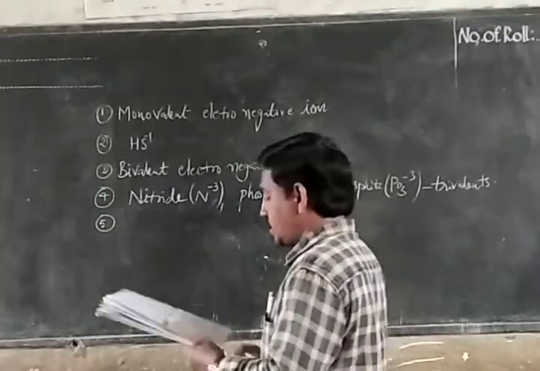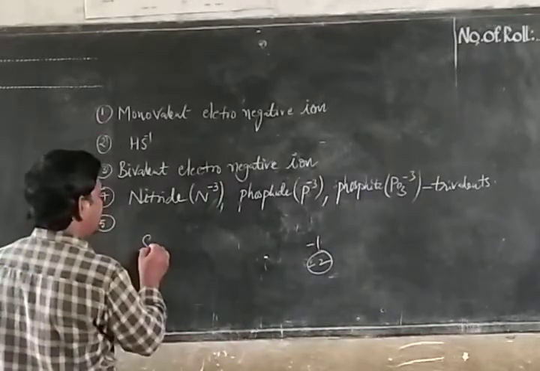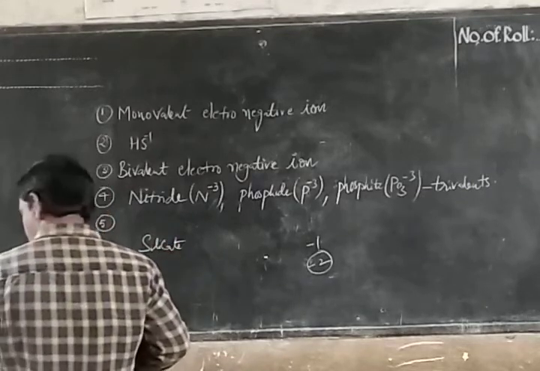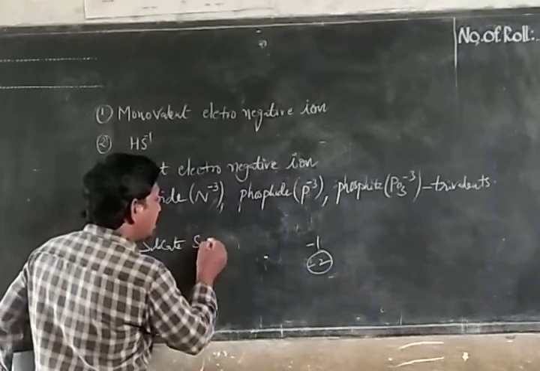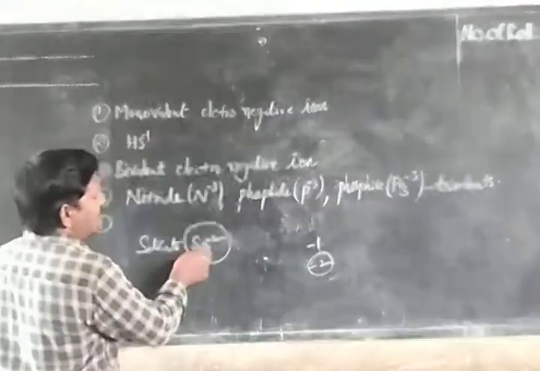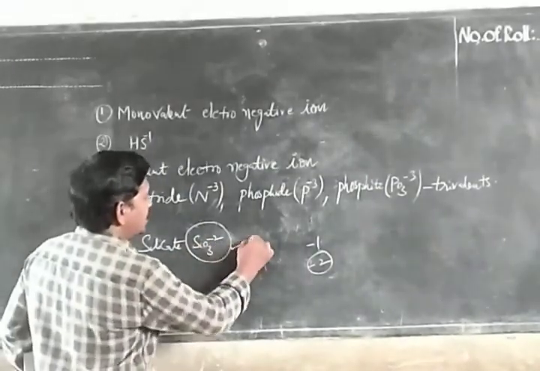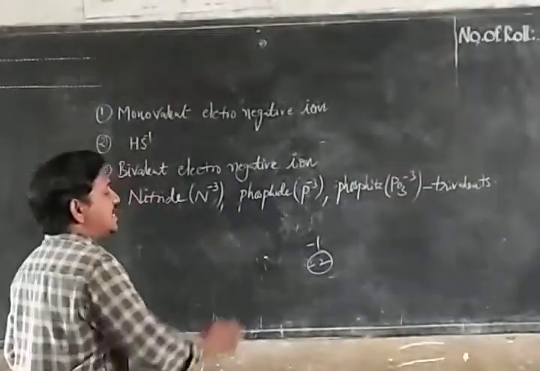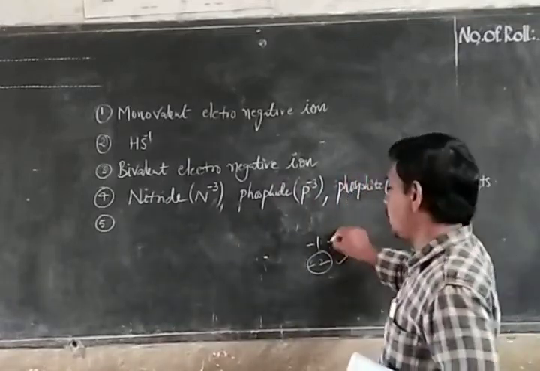Because the symbol of silicate is SiO3 minus 2. That's why the valency of silicate is minus 2, and the valency of iodide is minus 1.